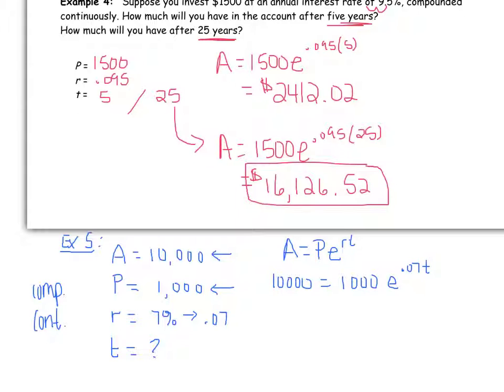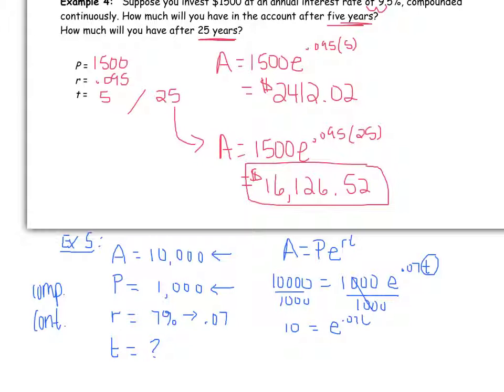Okay? Well, you're going to have to be able to get up into this exponent. So the very first thing you're going to do is divide by 1,000 on both sides. Okay? Well, that gives you 10 over here, and that's equal to e to the 0.07t.